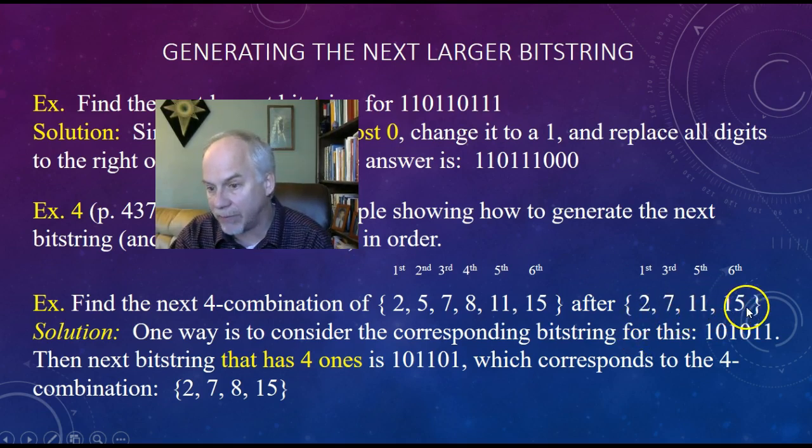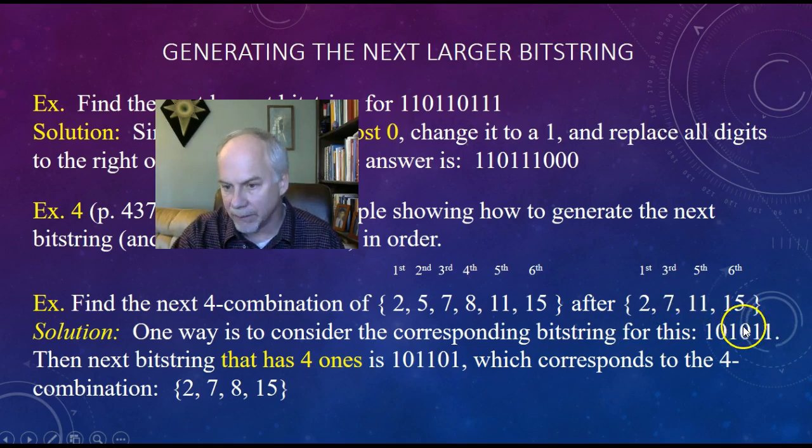Now, the easiest way to do this is to create a bit string from that subset that you have. In this case, 2, 7, 11, and 15.